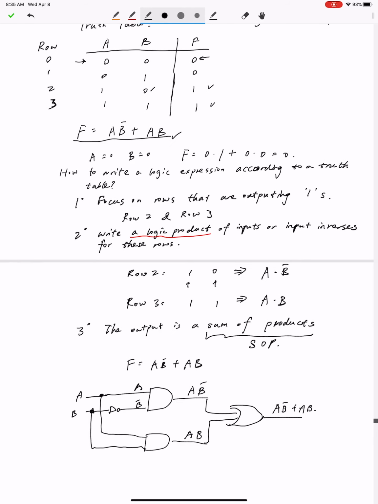And in the next class, we're going to talk about how to simplify logic expressions, especially the sum of products expression, by using the Karnaugh map. Okay, and after the next class, we'll pretty much finish this chapter.